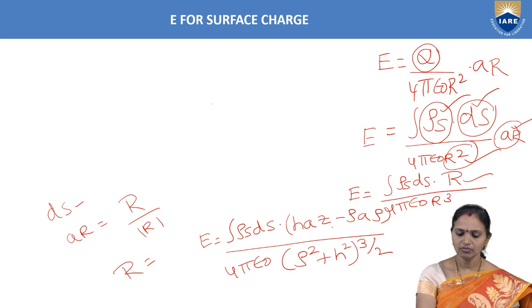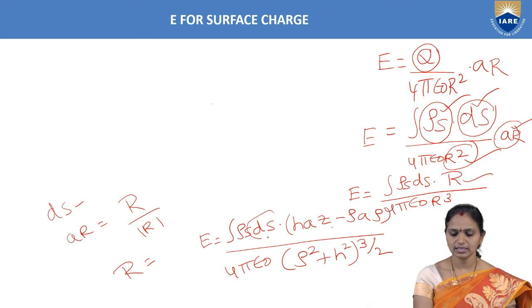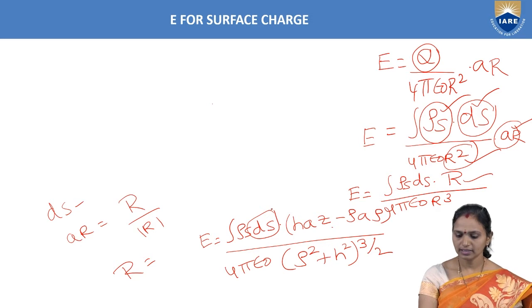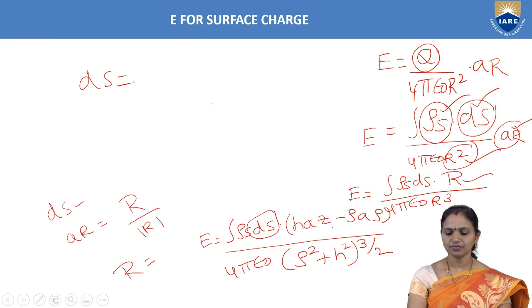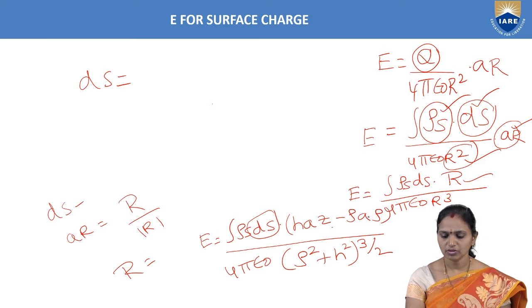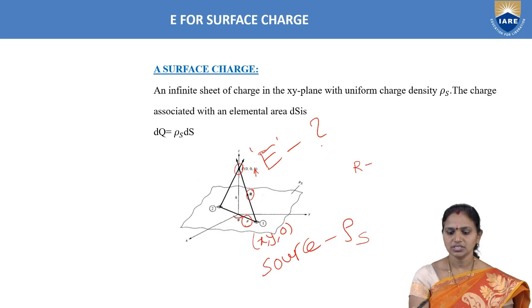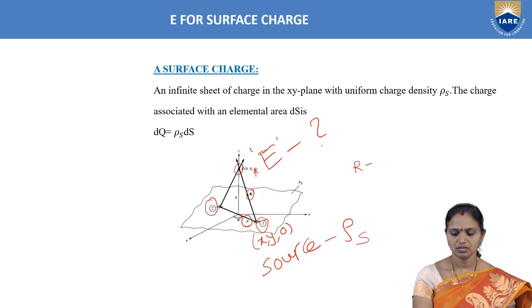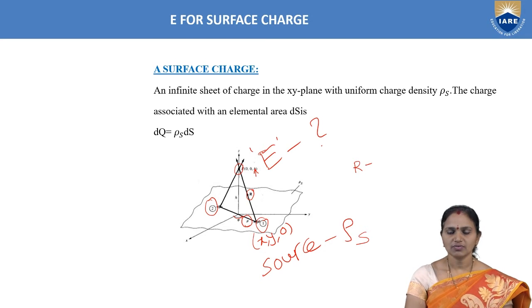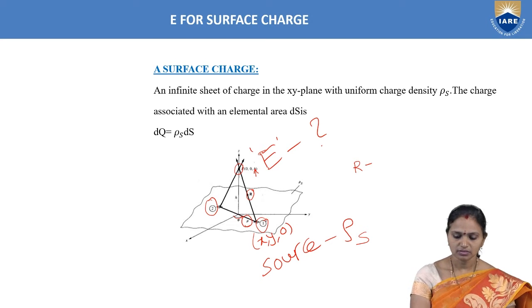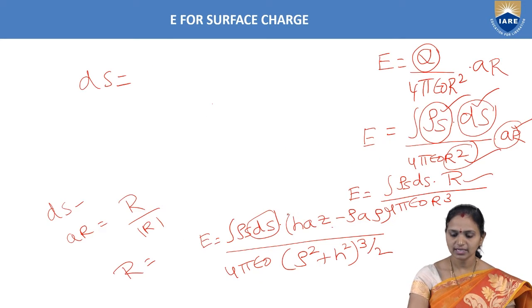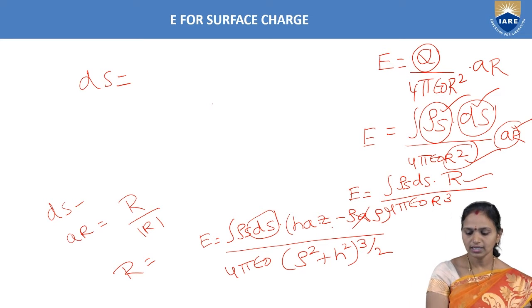And now we have one more calculation, that is integral ds. Before going to the calculation of this ds, we must take one more consideration. If you go through this diagram, we have surface charge 1 here and surface charge 2 here. Due to the symmetry, the rho component will get cancelled, and finally you may have only the z component.